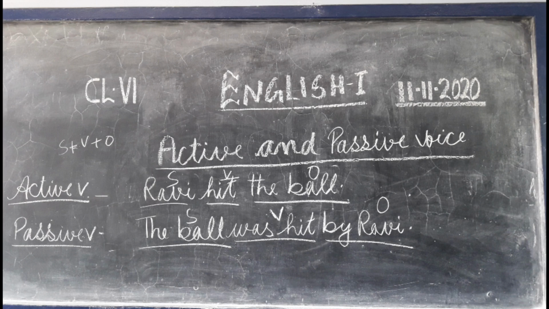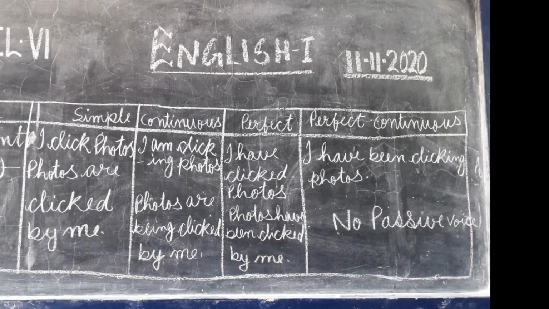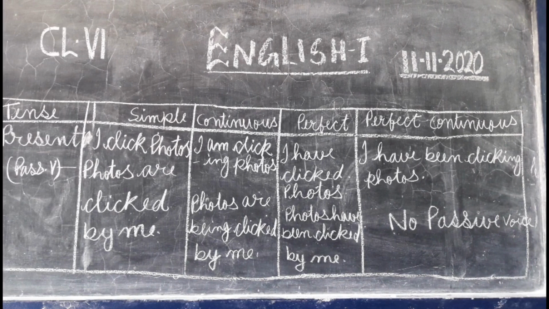Now, the seventh rule. Depending on the tense, the verb in the active voice needs to be changed to its corresponding form in the passive voice. In your book, page number 115, there is a table given: present tense, past tense, future tense, and the types of the tense: simple, continuous, perfect, perfect continuous.